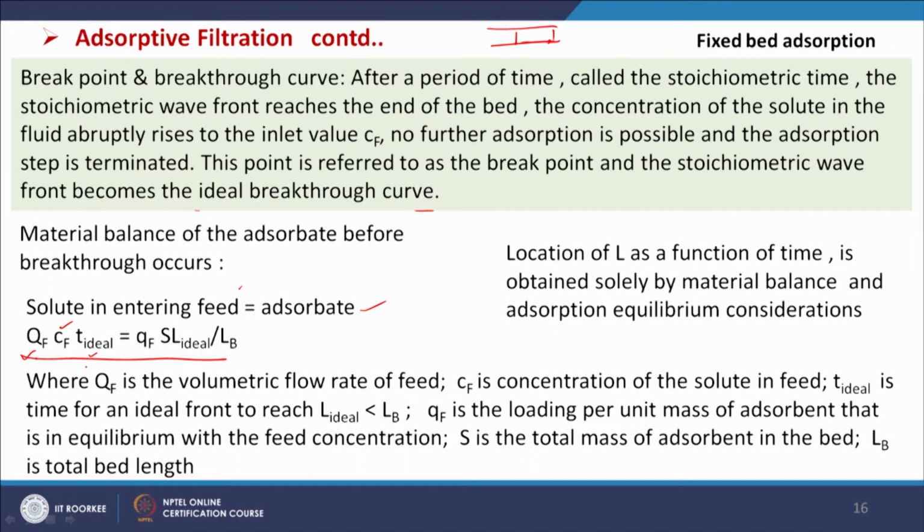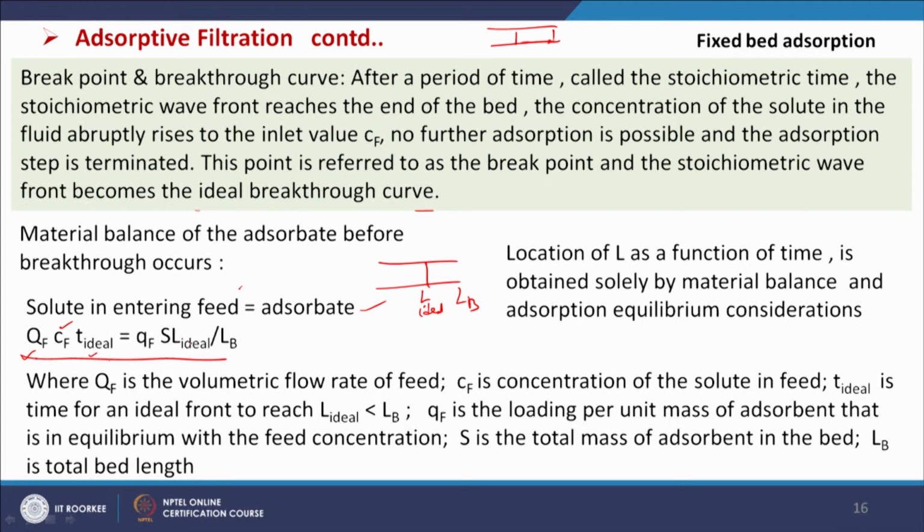So, this is our total bed length LB, and we have the front here at L ideal, because we are assuming that this front is moving under ideal condition. The assumptions are ideal.